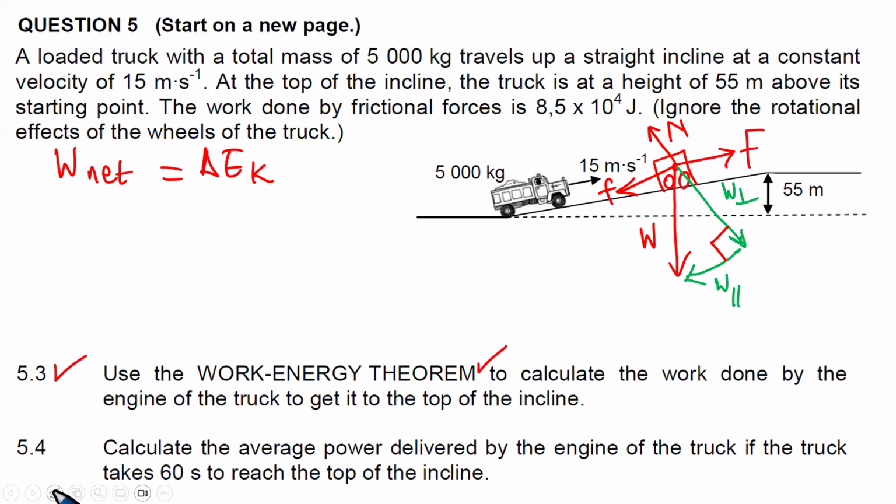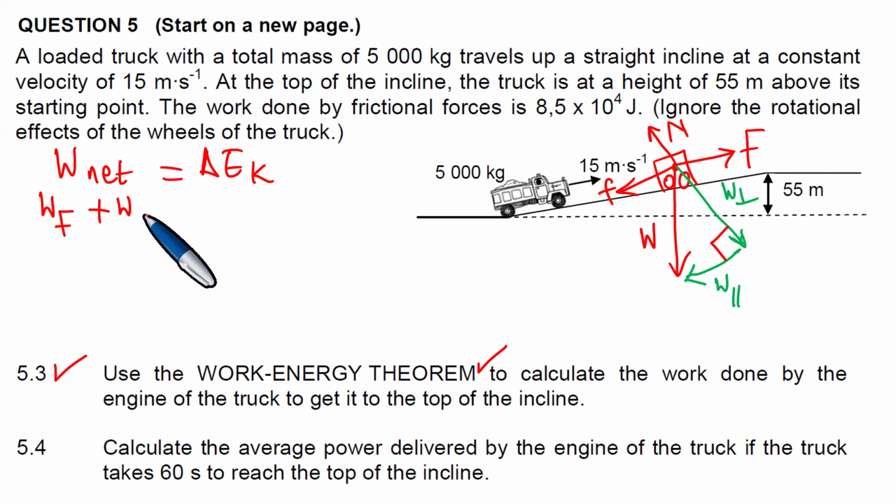Right. So what then do we have here? So we come here and we say there is work done. Now the net work here is the work done by the applied force F, because the truck is successfully going up here like this, but there's also work done by friction.